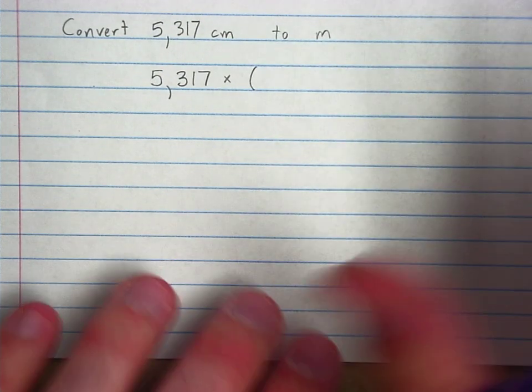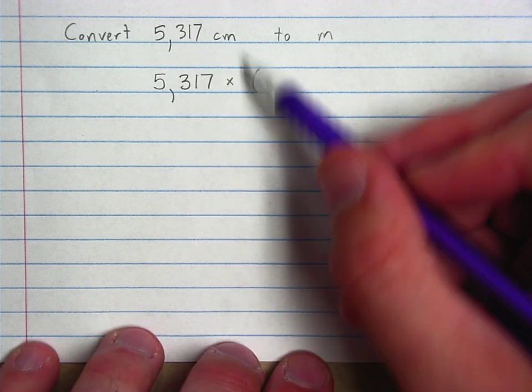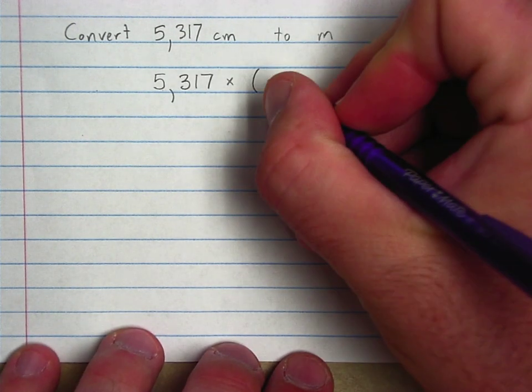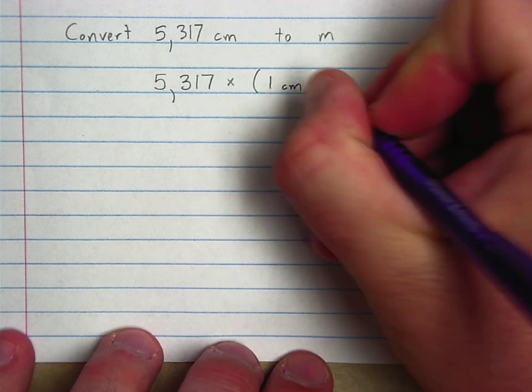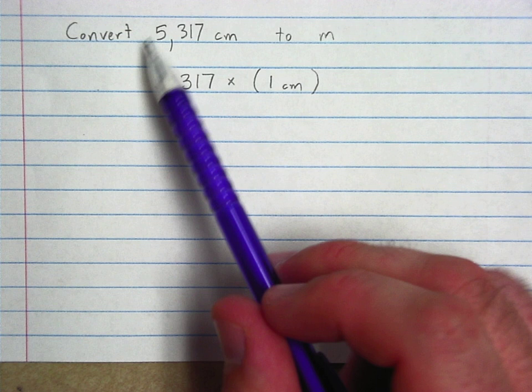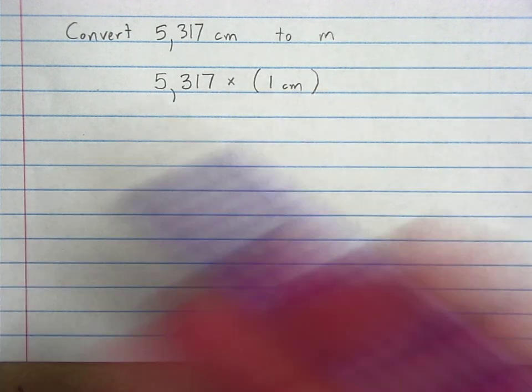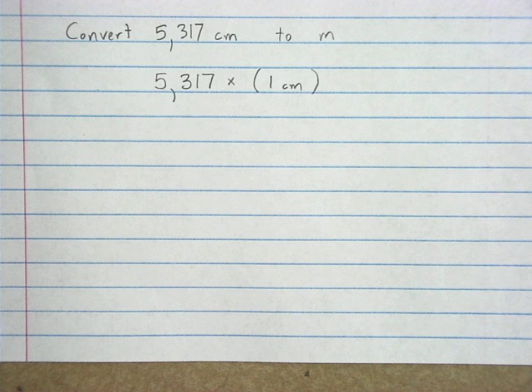It's going to be in a couple parts, but it's one value. This is 5,317 centimeters, so I'm going to write 1 centimeter. Okay? Hopefully that makes sense. 5,317 centimeters, 5,317 times 1 centimeter. Okay. And this is where it gets weird.